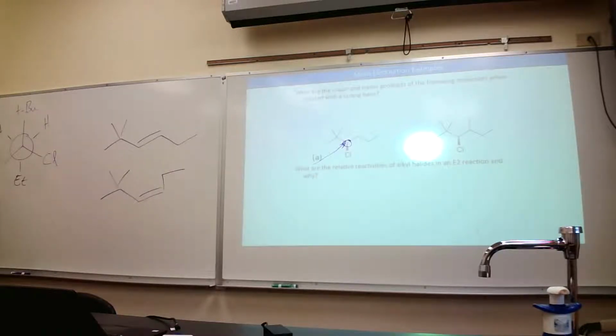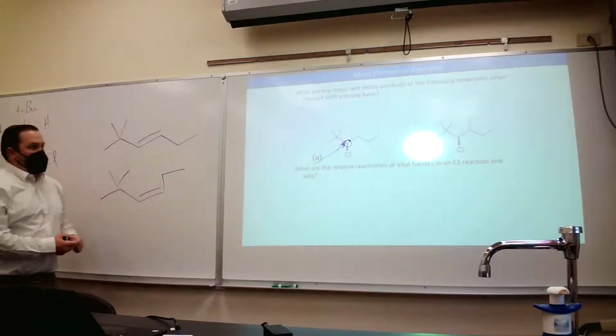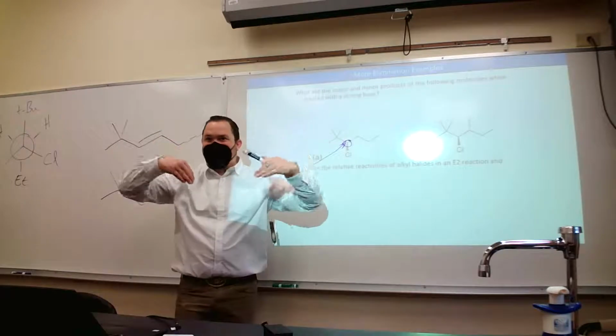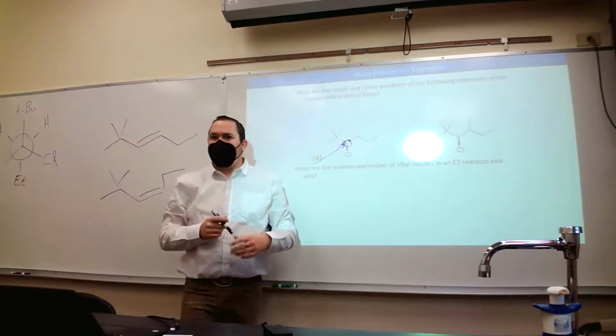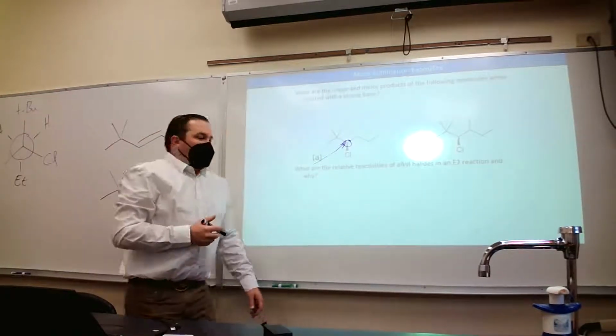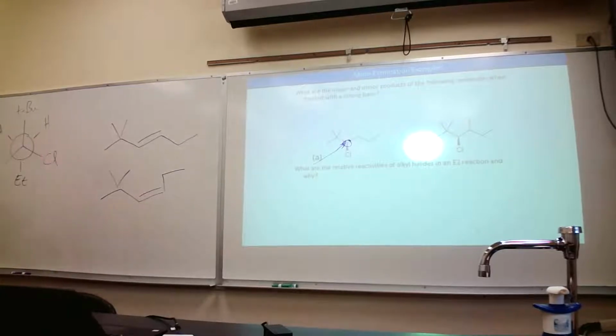Basically, we don't want the hydrogen that's leaving and our leaving group to be in the same plane facing the same direction, because then they would have to be eclipsed, which is less stable, plus then your base physically has to come into the same space as your leaving group. Your leaving groups are typically big, bulky groups. So I didn't define syn periplanar versus anti-periplanar. Anti just means opposite, syn means the same.